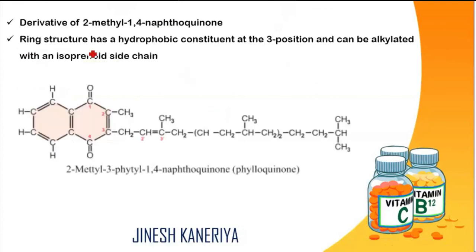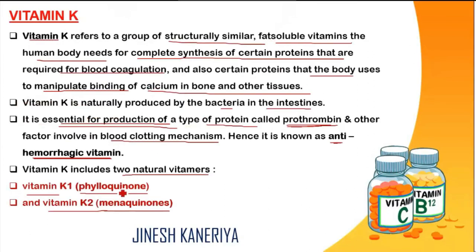So this is the chemical structure of vitamin K, derivatives of 2-methyl-1,4-naphthoquinone. This is the main component of vitamin K, and it is then converted into two different types, phylloquinone or menaquinone.